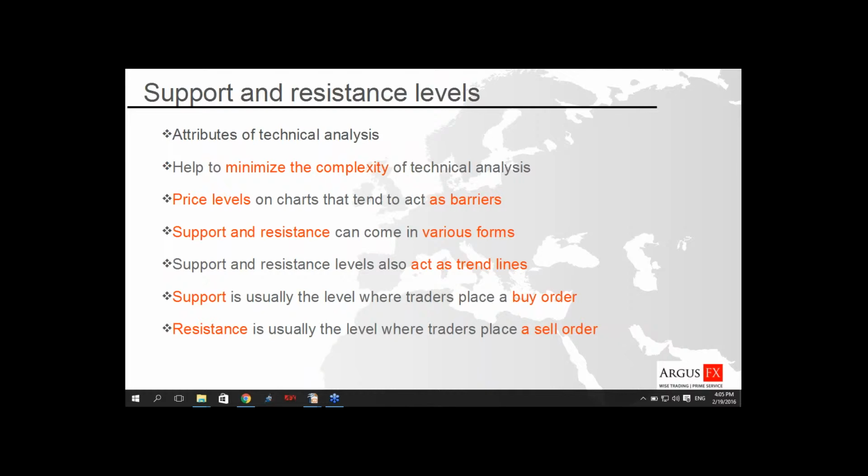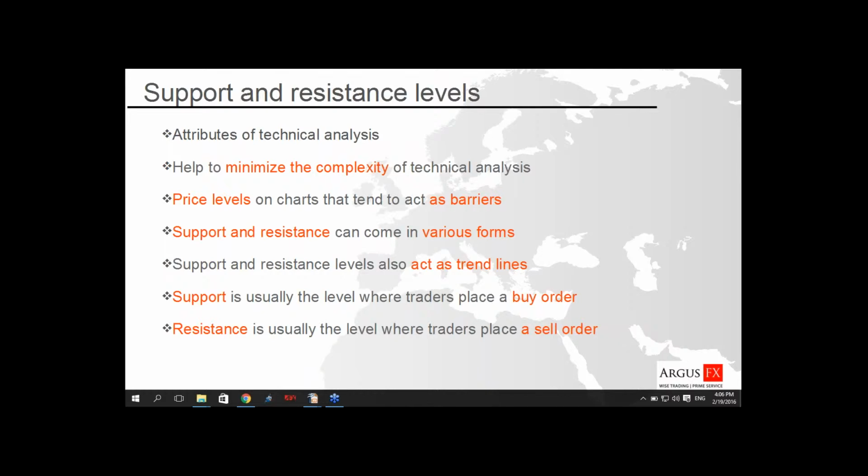On the other hand, resistance is the level where we expect to sell a financial instrument. Support is like pushing the price to the upside. It does not let the price go lower. And resistance is a level where the price is forced to drop, forced to the downside.